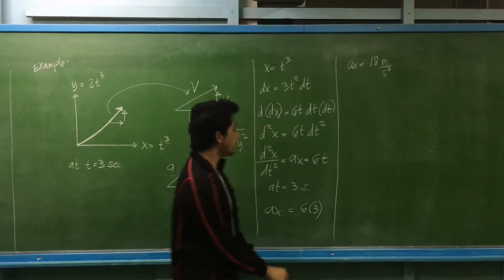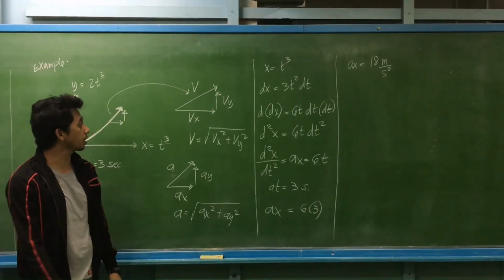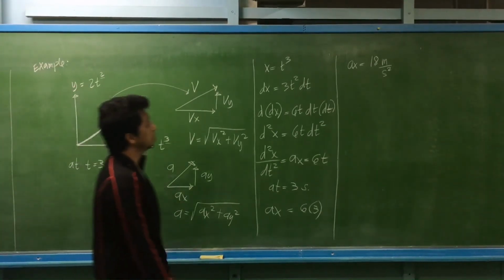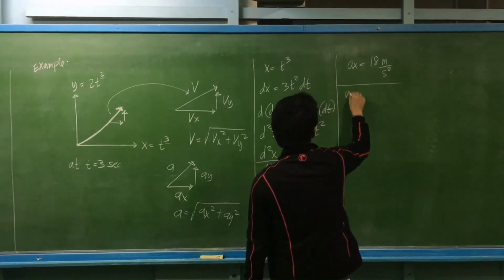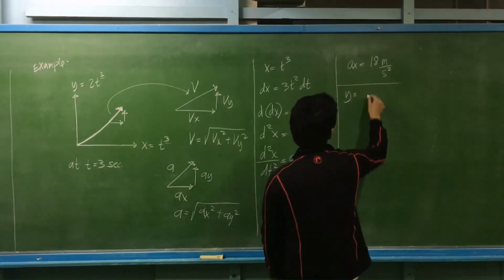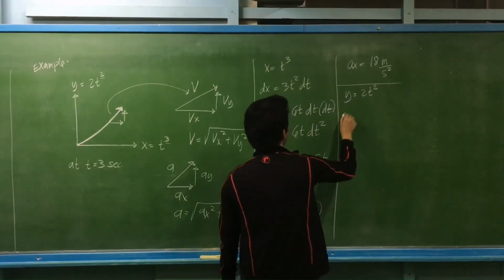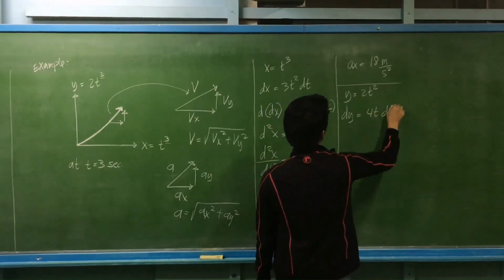So the unit for acceleration. Alright? It will be the acceleration along x. So let us determine the acceleration along y. Okay, so we have the initial equation, or the position equation, y is equal to 2t squared. What is our first derivative? This is dy is equal to 4t dt.